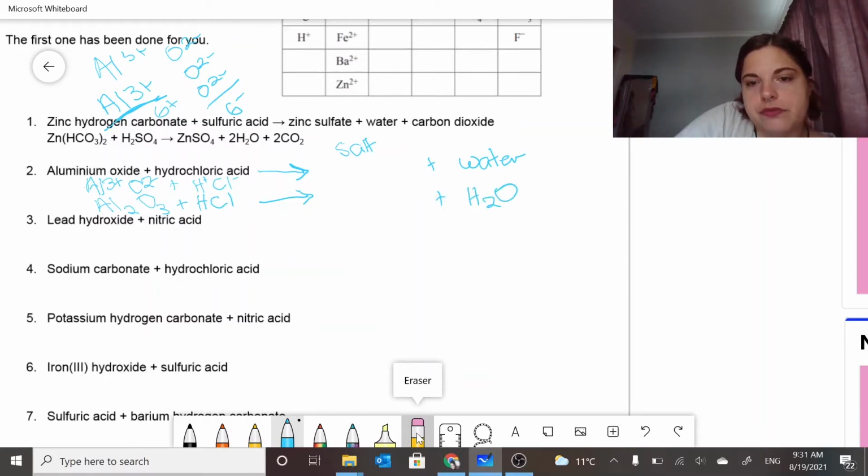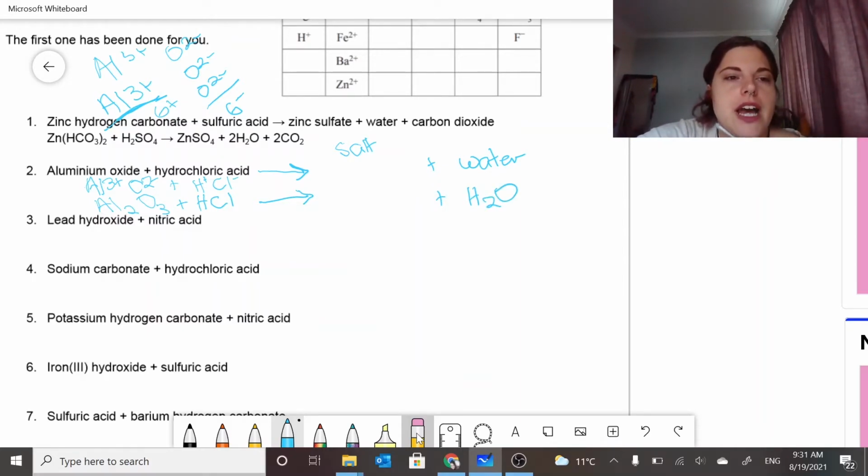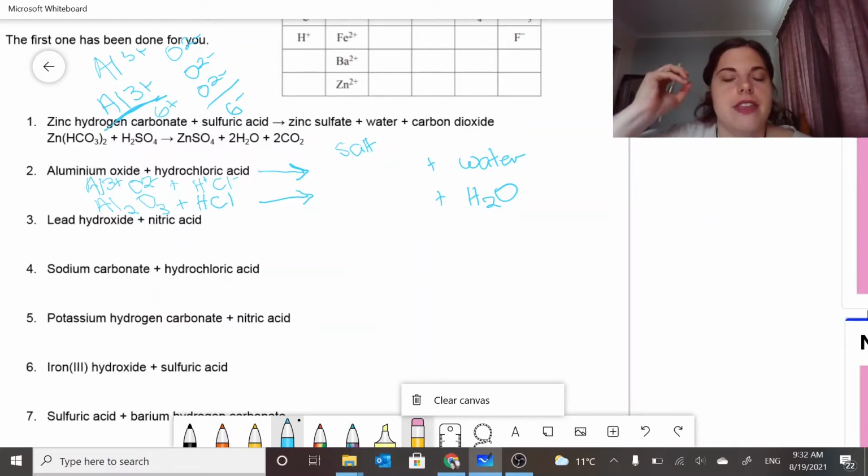But think again, what is happening with our positive and negative ions from the reactants? They're going to be rearranged in a different sort of bonding formation. The only thing that they can form is cation plus anion, positive plus negative.